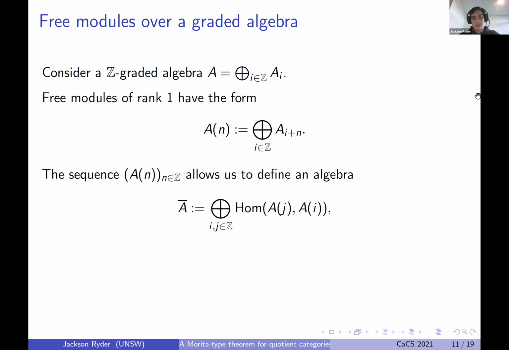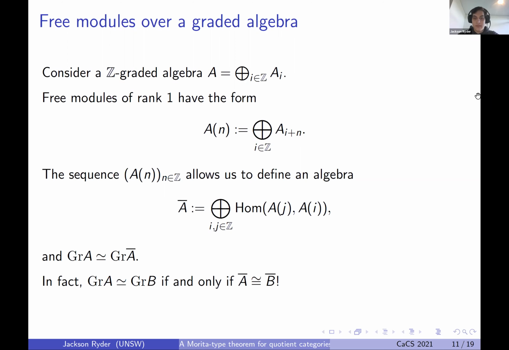Maybe surprisingly, this new algebra is actually graded Morita equivalent to the first one. I thought that was pretty interesting the first time I saw it. But what I thought was even more interesting is that if we have another Z-graded algebra B, then A and B are graded Morita equivalent if and only if A bar and B bar are isomorphic as algebras. So it actually contains all the information about the graded module categories.